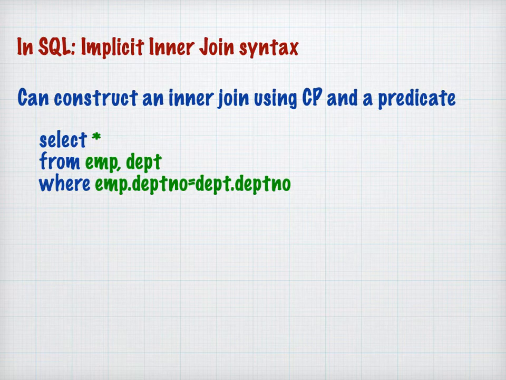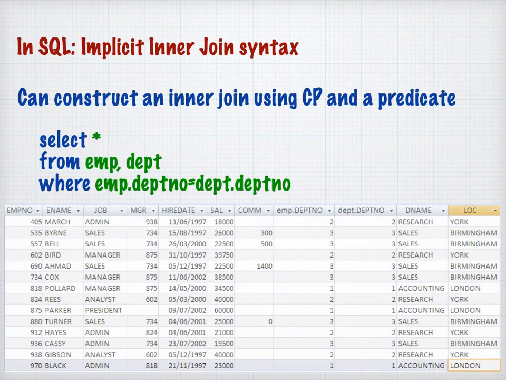Now that's an implicit inner join. We're not explicitly saying in here that we're going to do an inner join. We're actually creating an inner join by doing a Cartesian product and a selection over some condition, over a predicate. And we can run that against the table, and we can get our two tables combined.